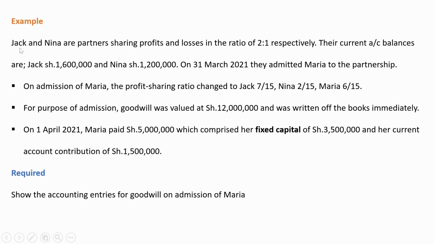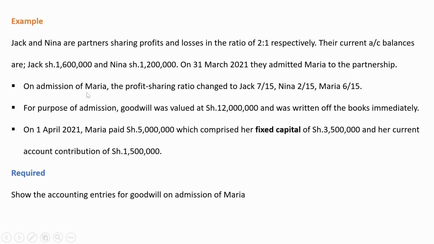The example says Jack and Nina are partners sharing profits and losses in the ratio of 2:1 respectively. Their current account balances are Jack 1.6 million and Nina 1.2 million. On 1st March 2021, they admitted Maria to the partnership.